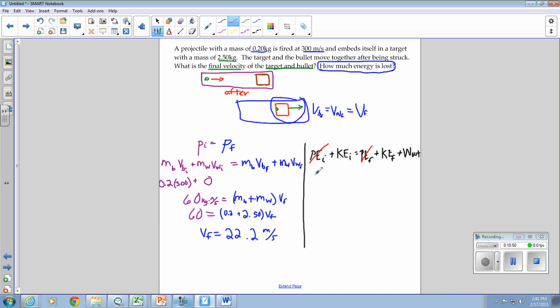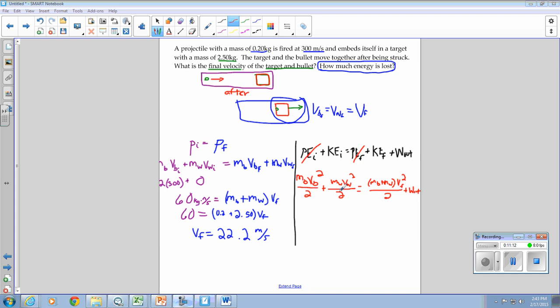So what we have over here is the total kinetic energy of the system. So mv squared over 2 for this object plus mv squared over 2 for this object equals mv squared over 2 for both objects in the final realm.